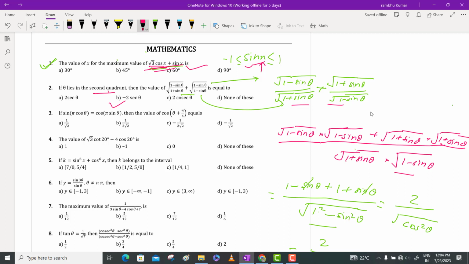Okay, now the next question we have is question number 3, and here it is given, if sin pi cos theta equals cos pi sin theta, then find the value of cos theta plus pi by 4. Okay, so let's see how we can do this one.